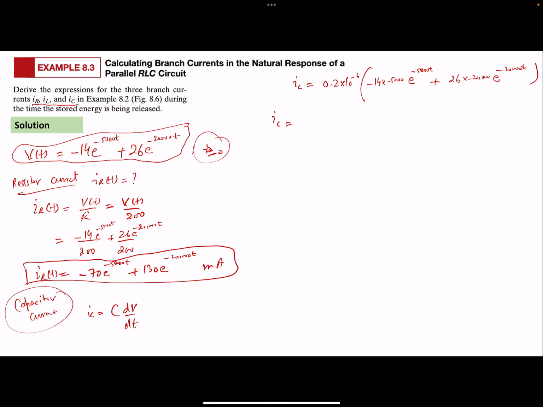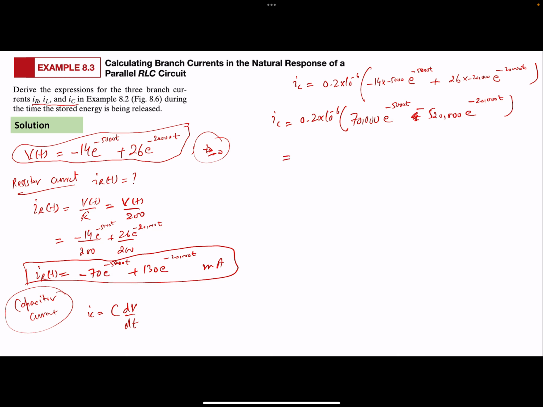So capacitor current is going to come out to be, again, 0.2 microfarads times 14 times 5,000, which is 70,000 e raised to power minus 5,000 t, plus 26 times minus 20,000, which is minus 520,000 e raised to power minus 20,000 t.